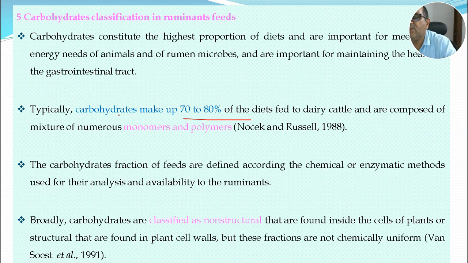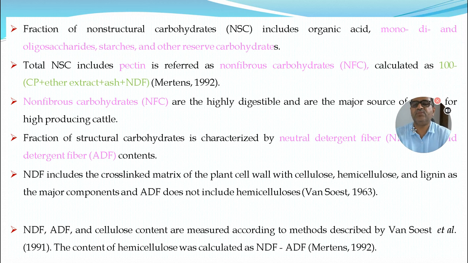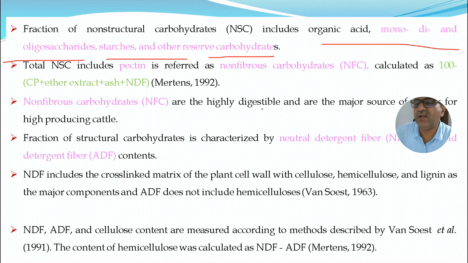They are all monomers or polymers in nature. Carbohydrates are broadly classified as non-structural, found inside the cells of the plant, and structural, found in the plant cell walls, but the fractions are not chemically uniform. Carbohydrates include organic acids, mono- and disaccharides, oligosaccharides, starches, and other reserve carbohydrates.